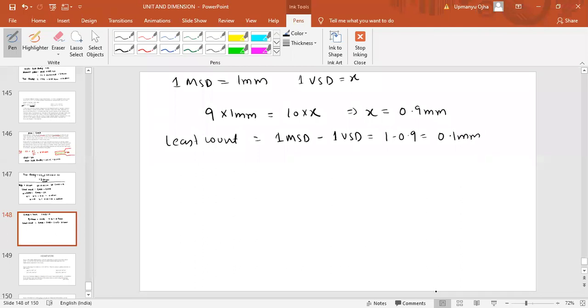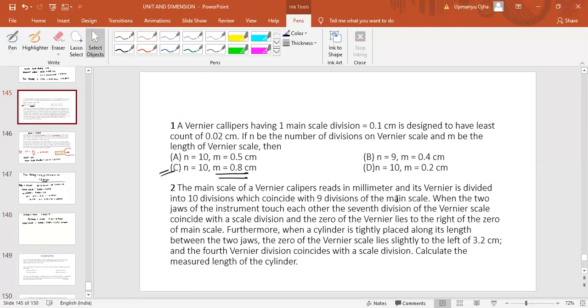In the first part of the problem, we have got the least count. If you read the question from the start, the main scale of the vernier caliper reads in millimeter, which means from this statement we got the data of one main scale division, that is 1 millimeter.